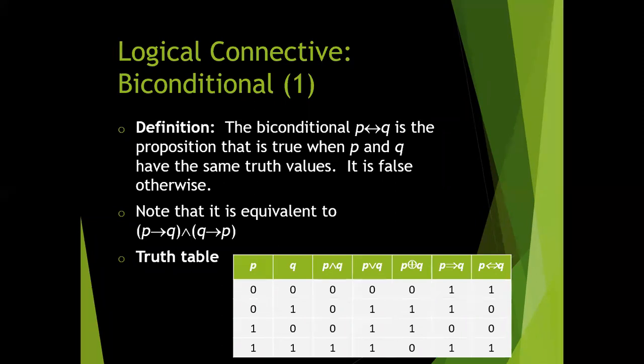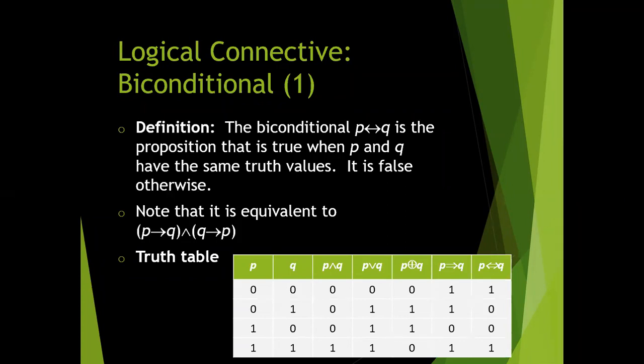We take some values for proposition P and proposition Q. For P, as we took before, false false true true, and for Q, false true false true. Now let's check the biconditional. As I told you, if P and Q have the same value, true then true, false then false, but they have to have the same value.